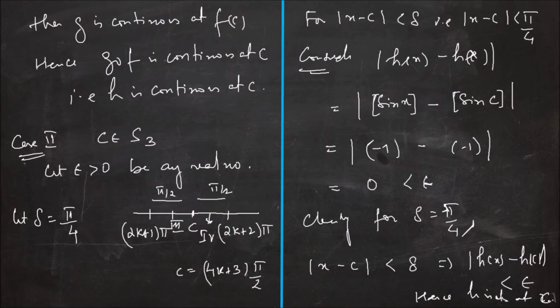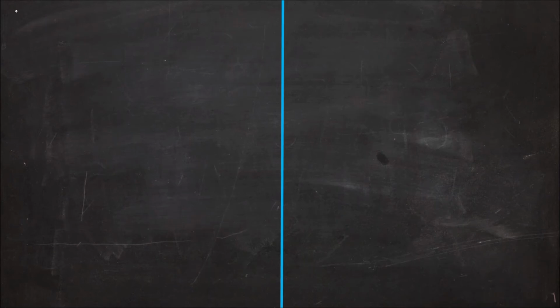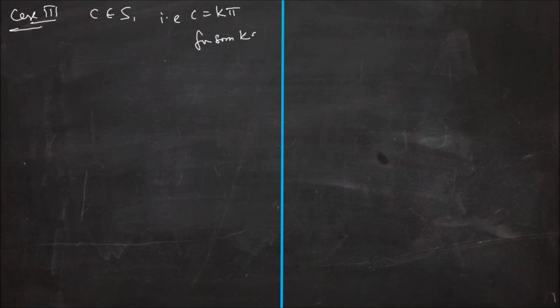Now we will take c in S1 and show that h is discontinuous. So case 3, when c belongs to S1. In this case, c is equal to k pi for some k belonging to Z. So this is k pi.